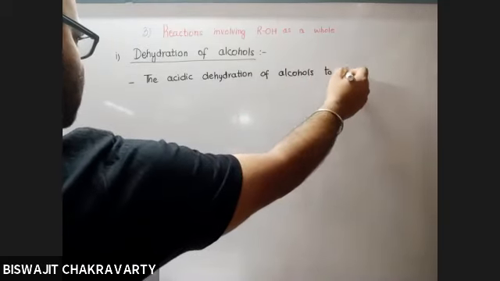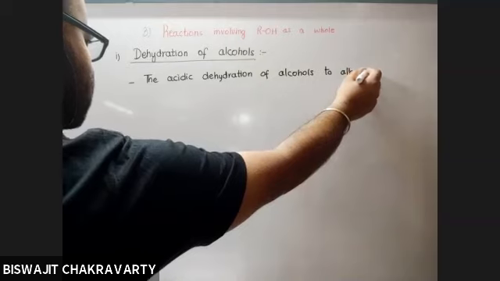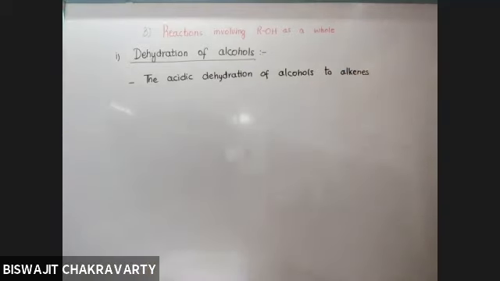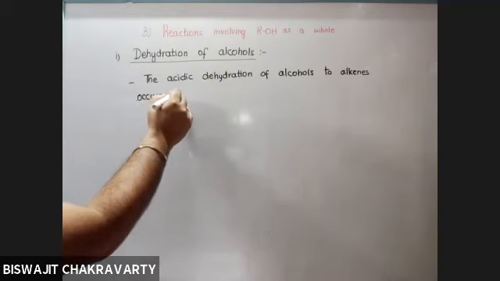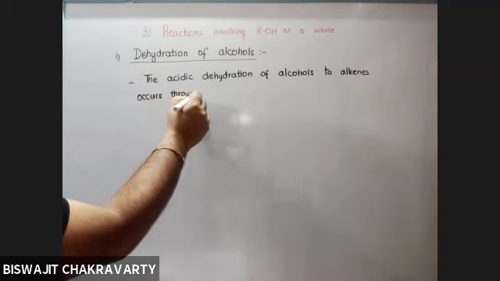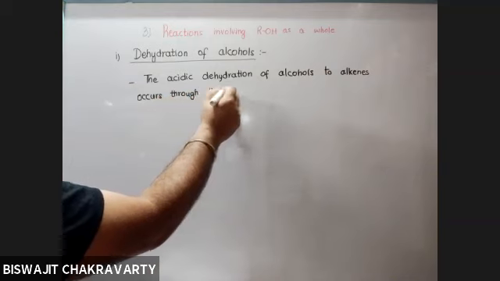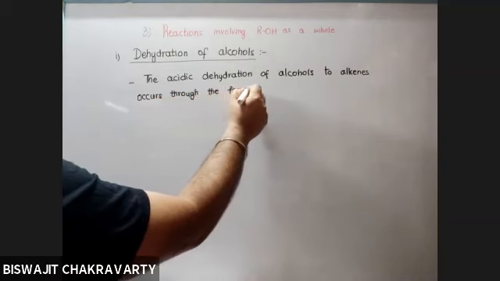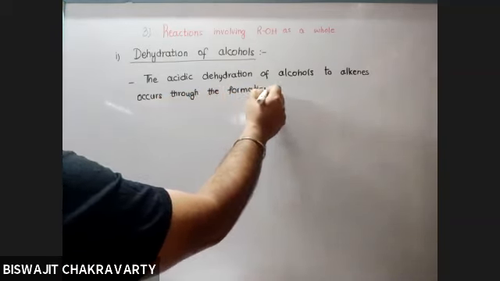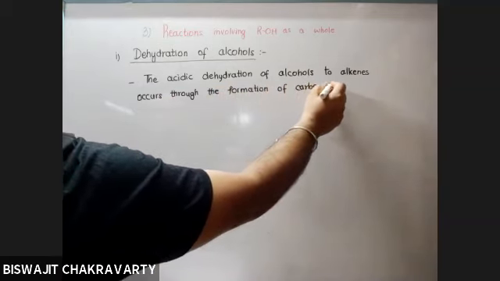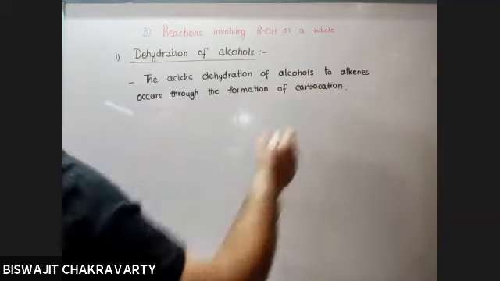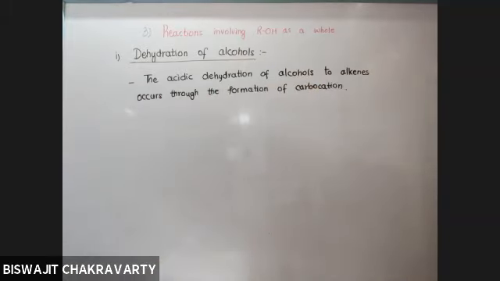Alcohols to alkenes occurs through the formation of carbocation. Okay, so what is the meaning of it?